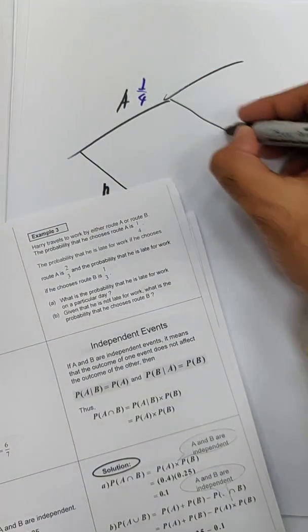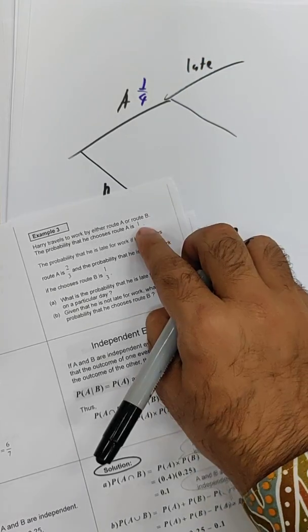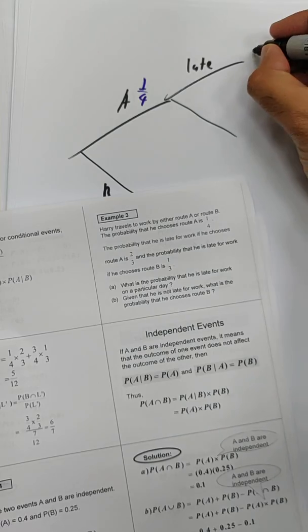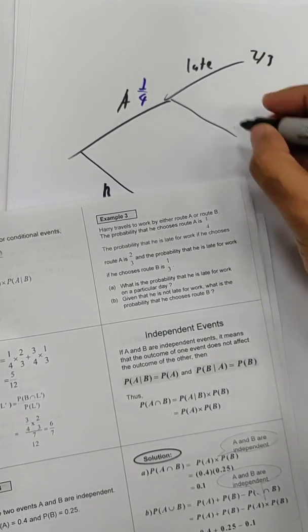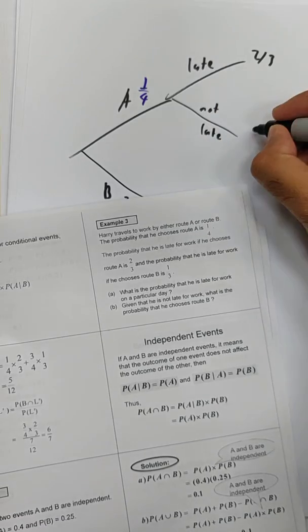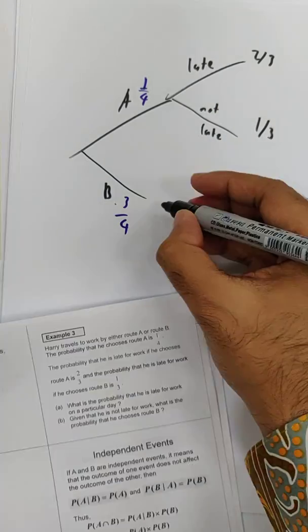And continue on. He said if he chooses this one and he's late for work, if he chooses route A is 2/3. So that means the not late is 1/3, simply.